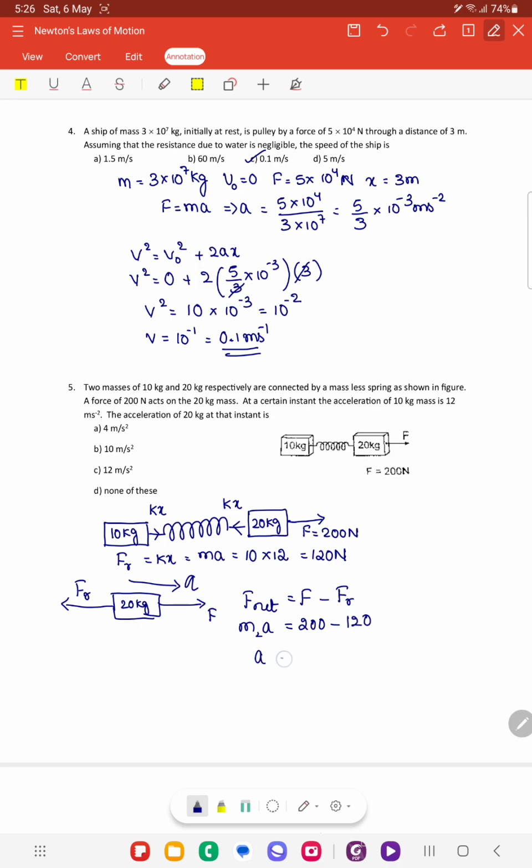So, acceleration A is equal to 200 minus 120, that is 80, divided by the mass 20, which is equal to 4 meter per second square. So, the acceleration of the 20 kg mass at that instant is 4 meter per second square. So, option A is the right answer.